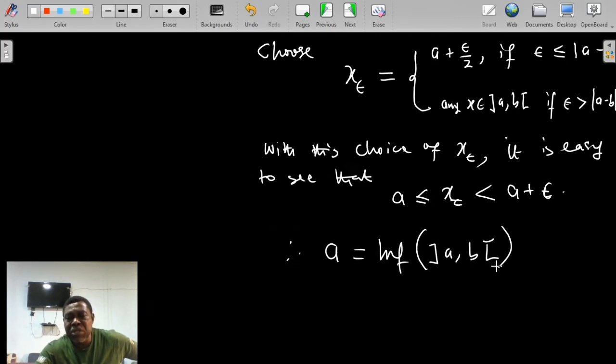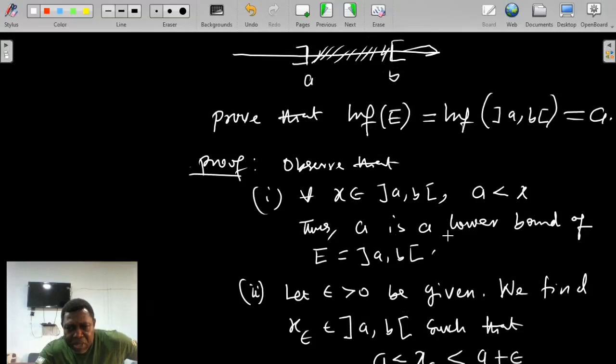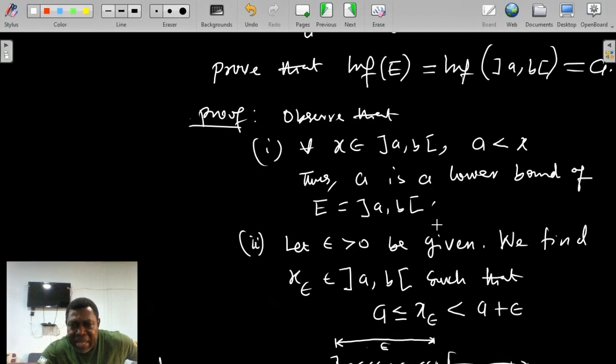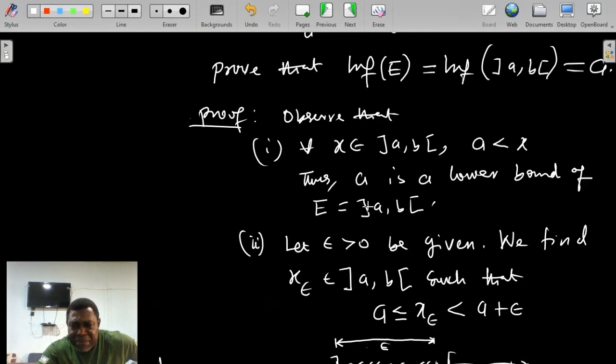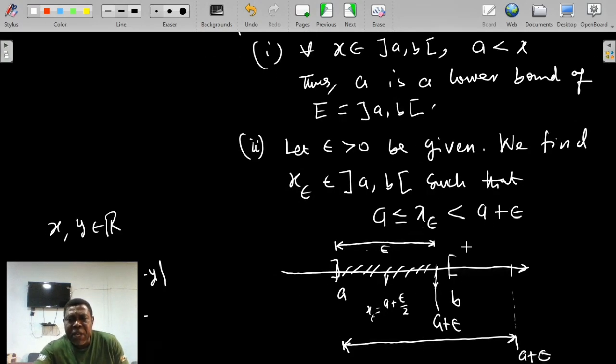So A is equal to the infimum of A, B. So this is an example. I intentionally bring this example in now because many people will still find it difficult to follow me, in the sense that it's somehow technical to achieve this.